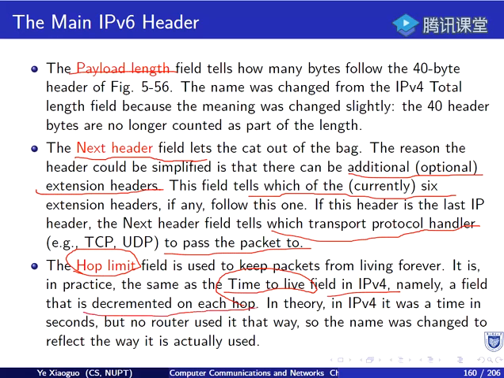In theory, in IPv4, it was a time in seconds, but no router used it that way. So the name was changed to reflect the way it is actually used, with the unit of hops, not seconds.